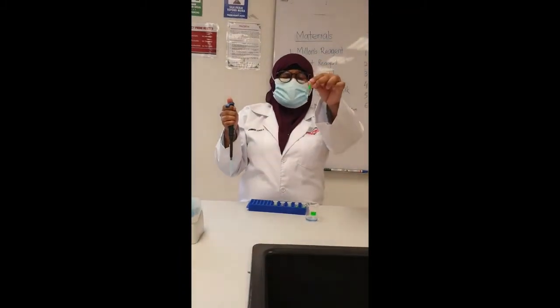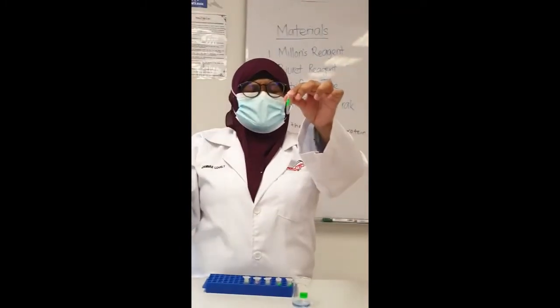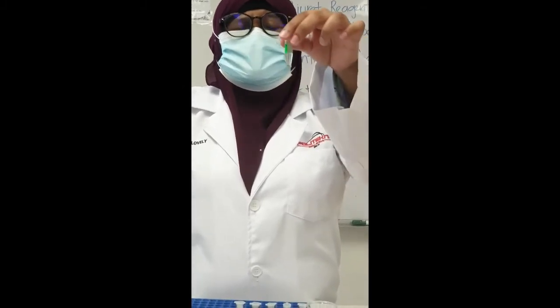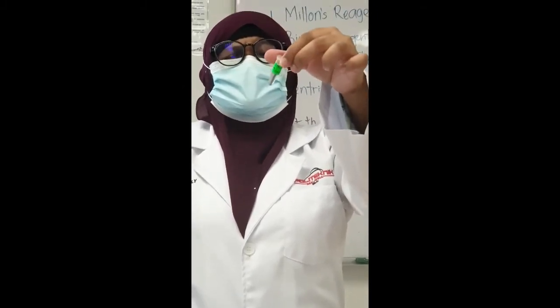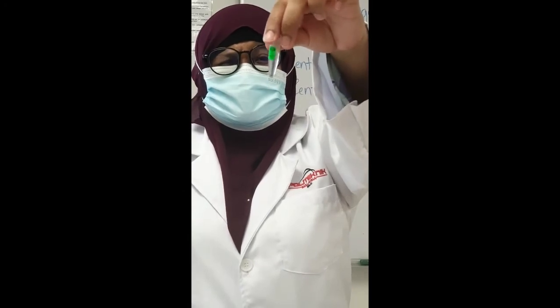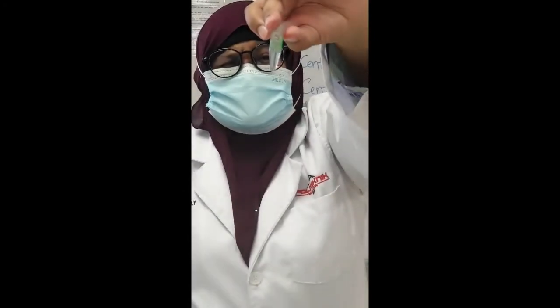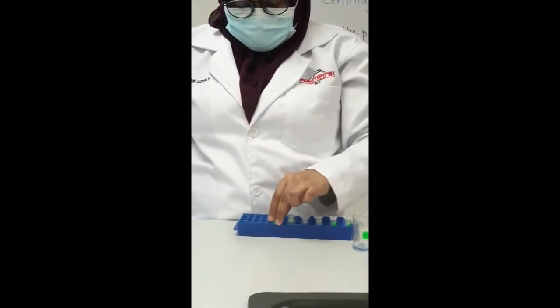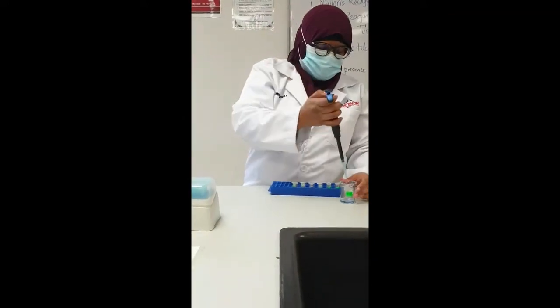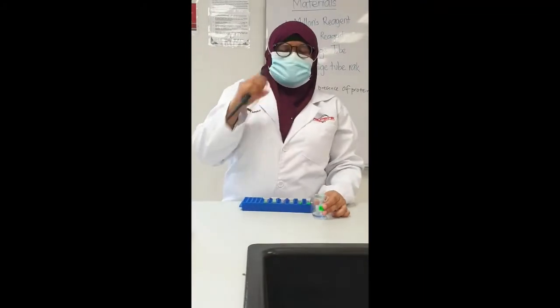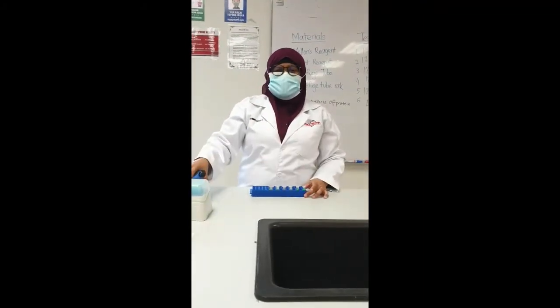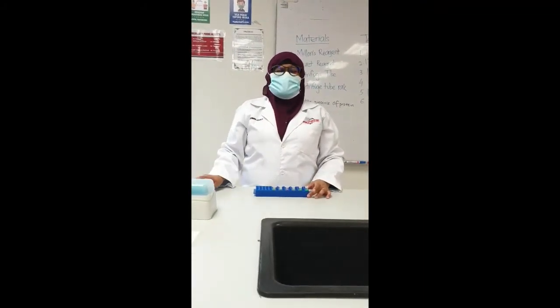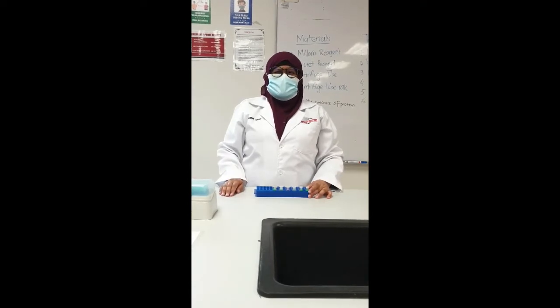This is the color change after I add the Biuret reagent into the distilled water. So distilled water is used as a control. So that's the end of the lab procedure for the Biuret test.